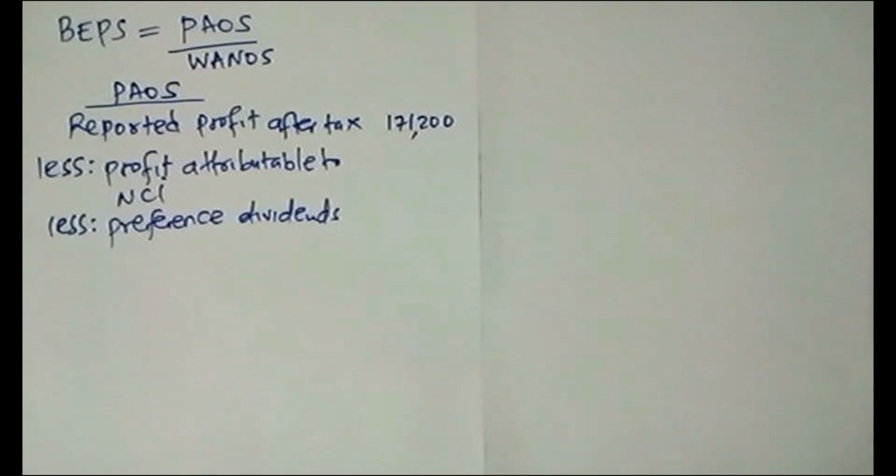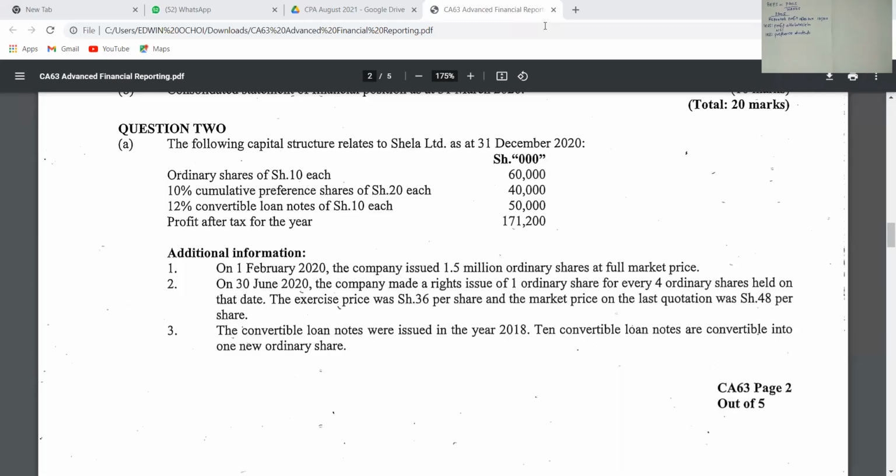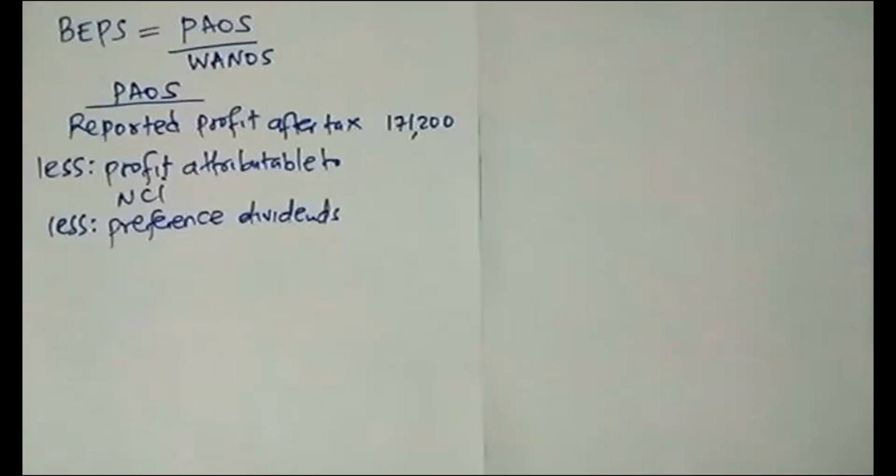Was there a profit attributable to NCI, which is the non-controlling interest? Let us check. Going through the question, I cannot see anything concerning the profit attributable to non-controlling interest.